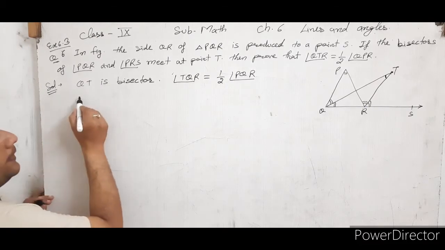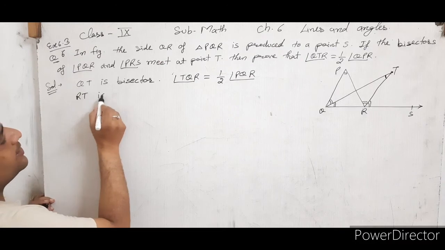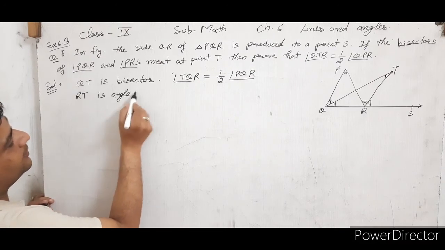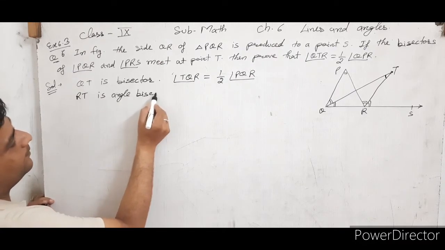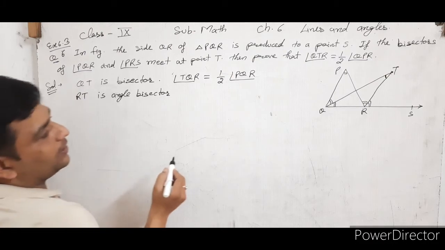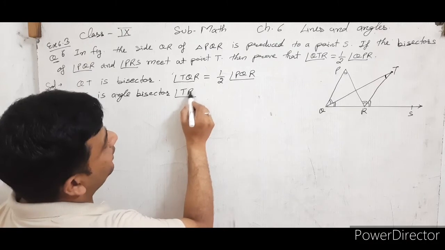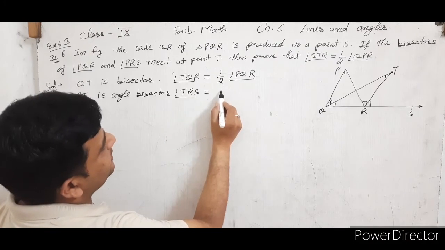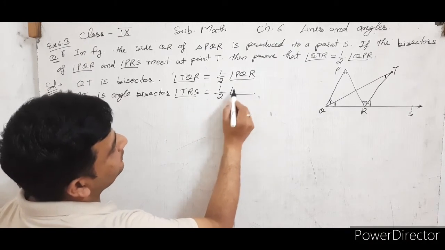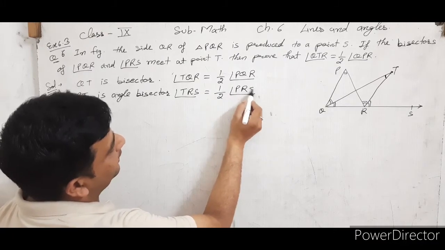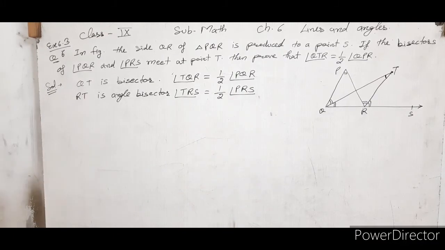Similarly, RT is an angle bisector. Again, if RT is an angle bisector, that means angle TRS is half of angle PRS, half of the total angle.